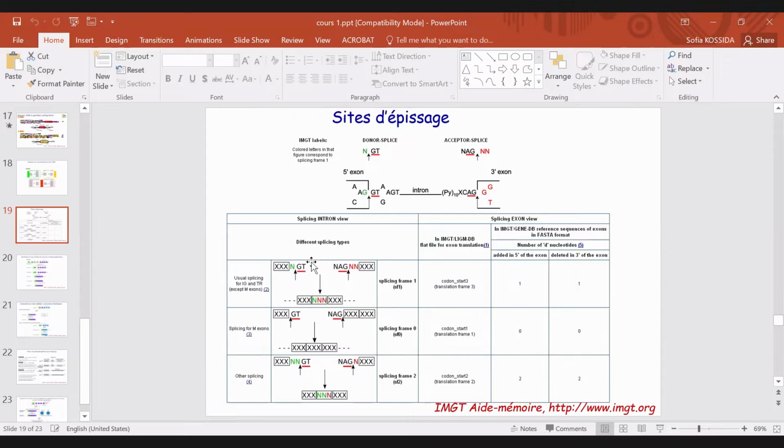All this information for the genes that have already been annotated within IMGT is found within IMGT/LIGM-DB. This is the work of the biocurators. Within IMGT, we employ biocurators.